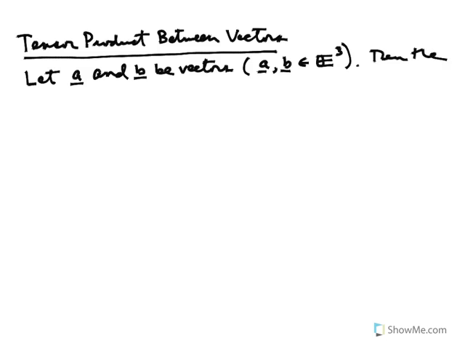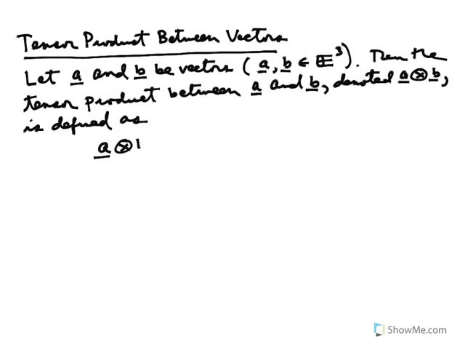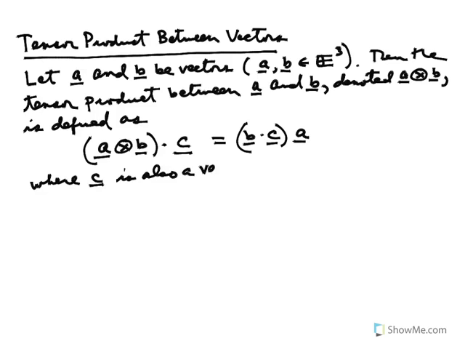Then the tensor product, with the notation A circle cross B, is defined as A circle cross B operated on C is equal to B dotted with C times A, where C is also a vector, and so C also lies in three-dimensional Euclidean space.